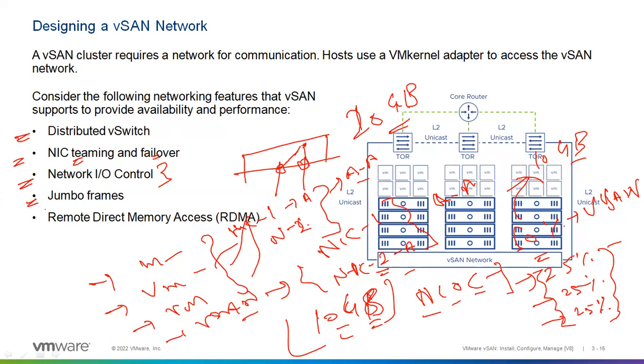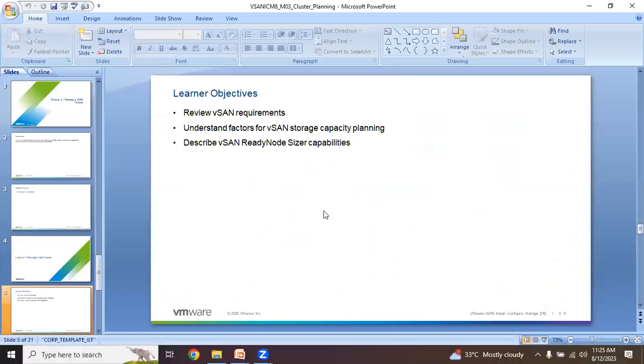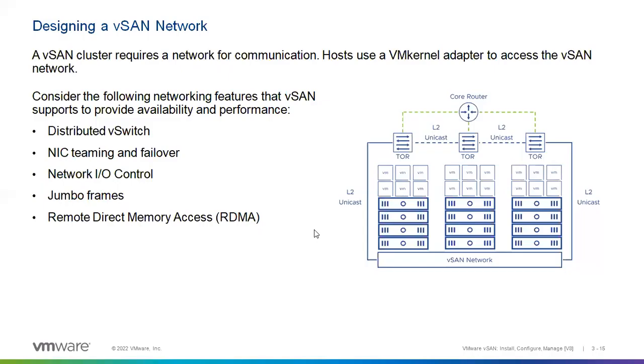Yes, I was about to ask, to understand it: we have two 10 GB NICs, and we can utilize NIOC to give the vSAN network dedicated, reserved bandwidth.